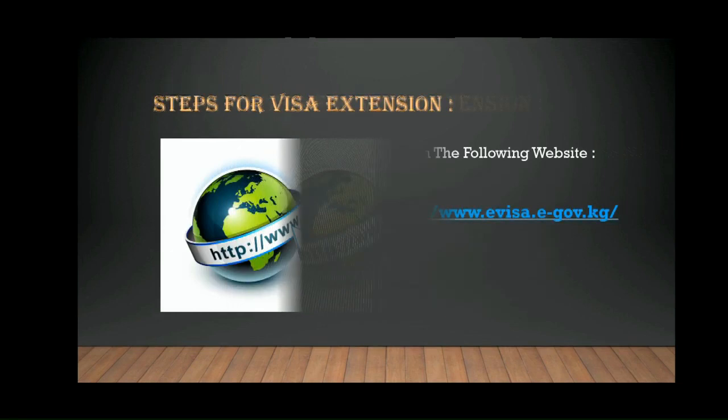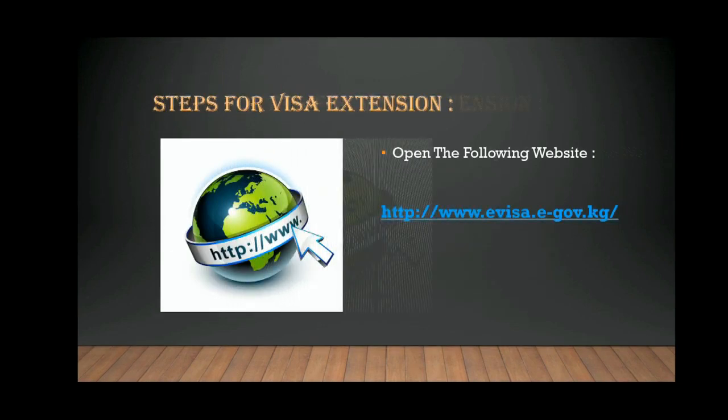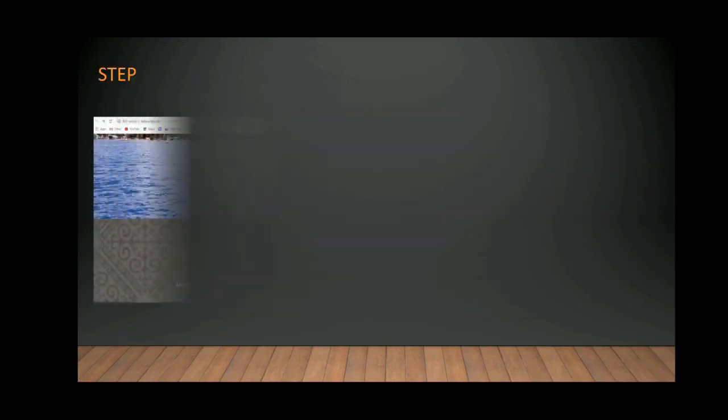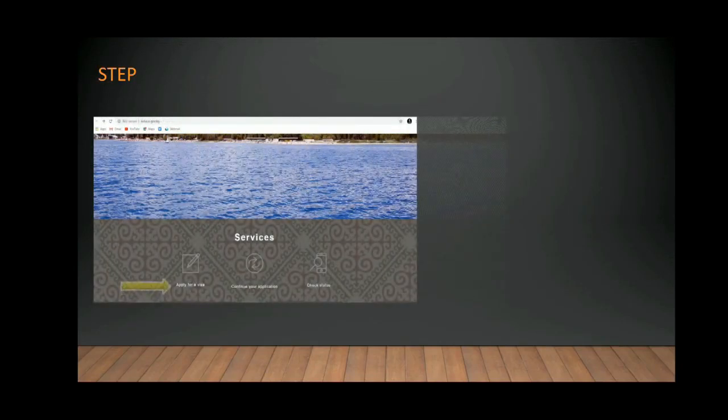Now let's see the steps for visa extension. Please open the following website to start the visa extension process. And the website is www.evisa.egov.kg. After opening this website, you will see three options as first, apply for a visa, second, continue your application, and third, check status.